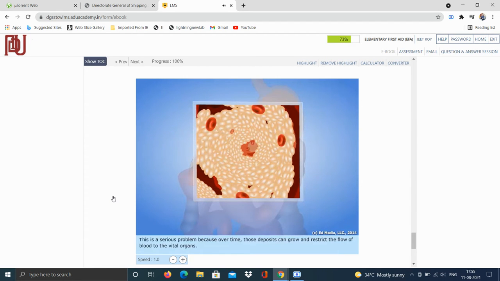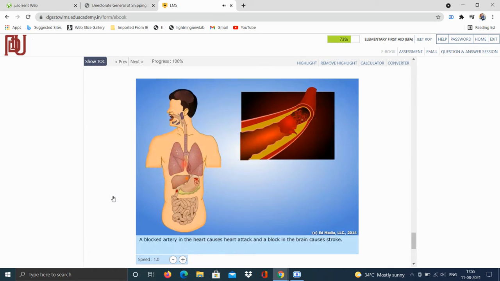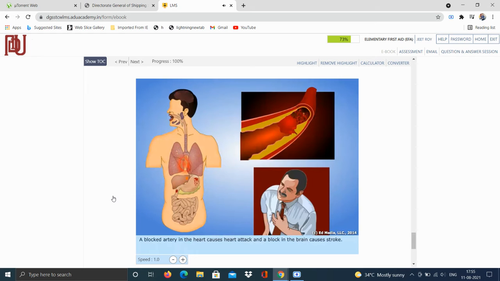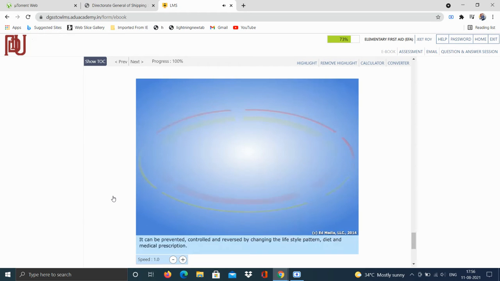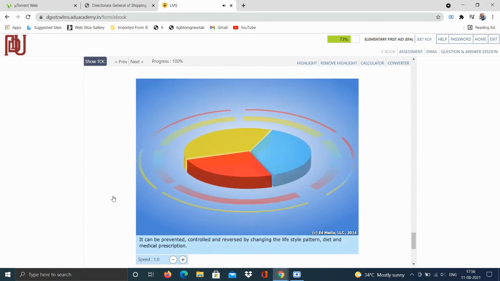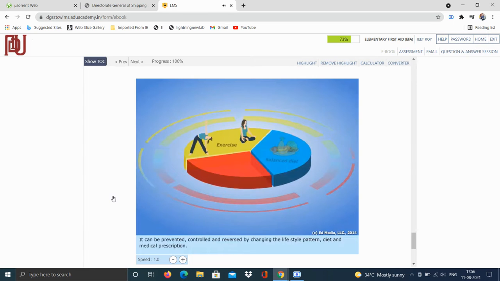This is a serious problem because over time those deposits can grow and restrict the flow of blood to the vital organs. A blocked artery in the heart causes a heart attack, and a block in the brain causes stroke. It can be prevented, controlled, and reversed by changing the lifestyle pattern, diet, and medical prescription.